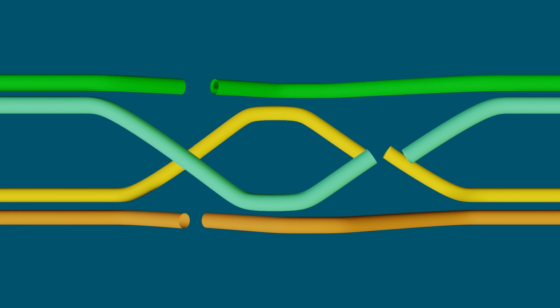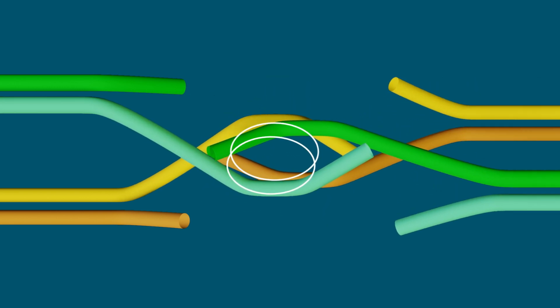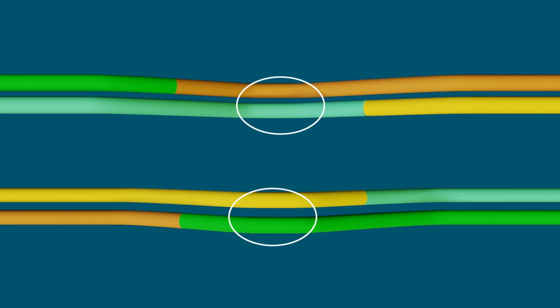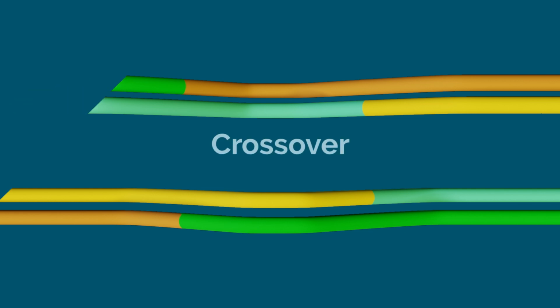Because of the way that the strands are still connected, here and here, it will actually flip the strands on one side, resulting in 2 chromatids that have exchanged strands. This is called crossover. During sexual reproduction, crossover is more important, as it can determine the traits of offspring. But that is a topic for another video.